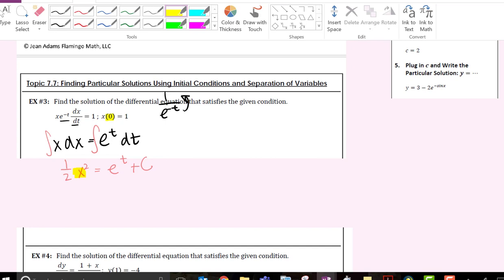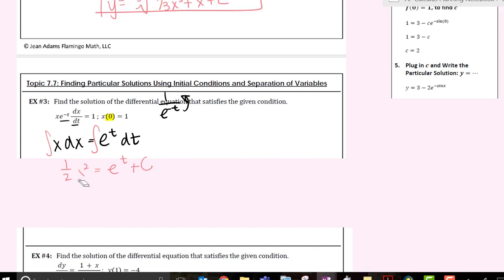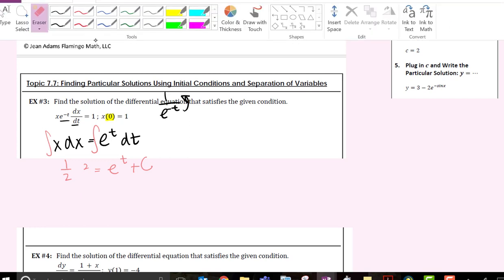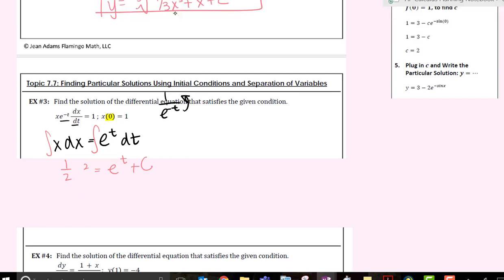So we know, this is kind of funky, we're used to seeing that x is the input value. That input value is going to be t. And always when they use weird variables, we might say, okay, this is x of t. Or my ordered pair, when that t value is 0, that x value is 1.